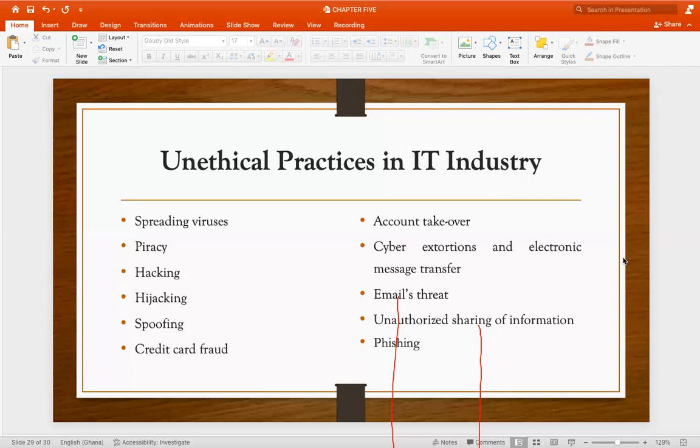And spoofing, using it to deceive you, sending you something to entice you, and immediately you get into it, you are hooked. It's like fishing in the sea or in the river. They throw a bait to you, so your workers and even the company itself. These are all unethical practices in the IT industry. And people tend to do all these things just because they want to find a way to penetrate it and get some money out of it.